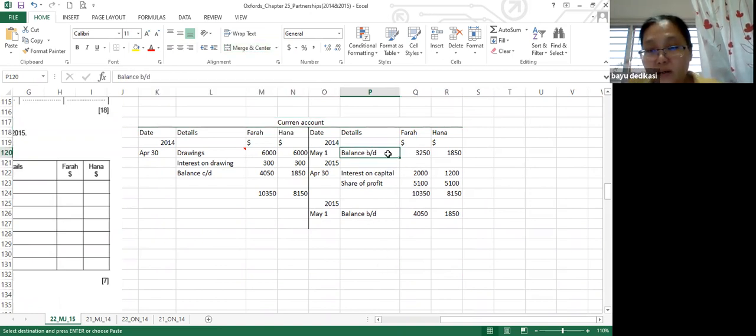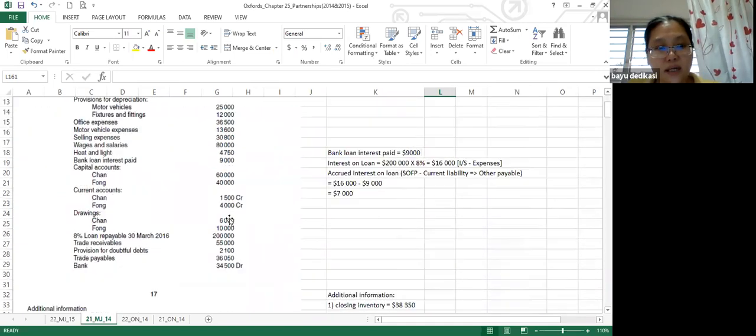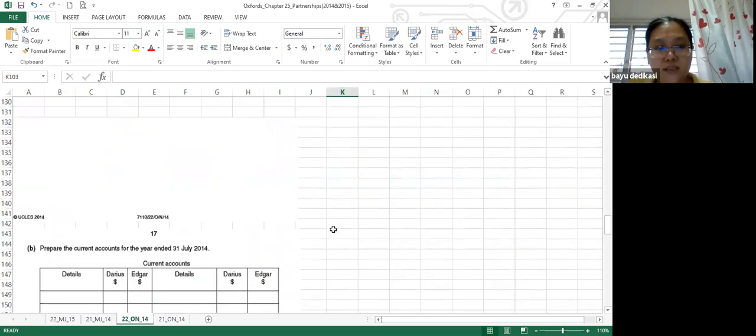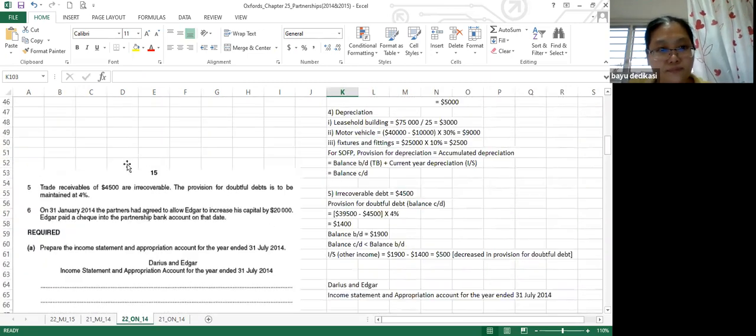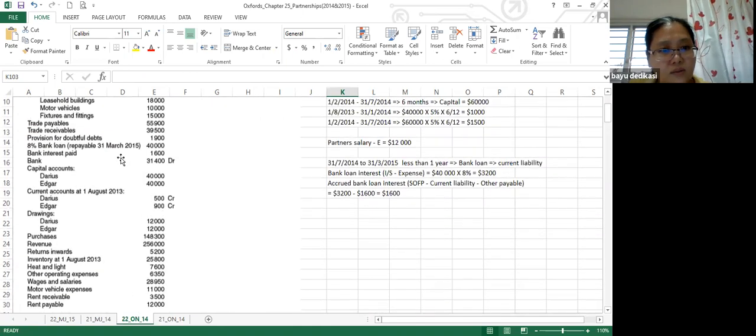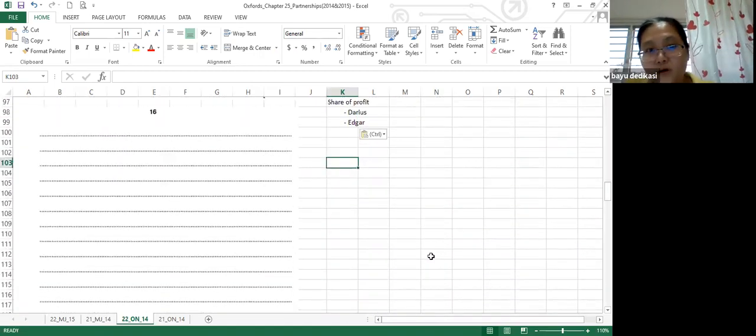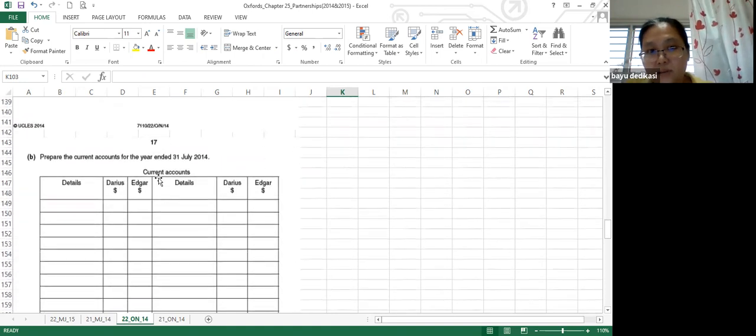Your balance brought down can be on the debit side or the credit side. But in this question, both are on the credit side. Same as your number 2 question, they also have the balance brought down on the credit side for both. Then the third question, their current account also both on the credit side. So you don't have the debit. But debit can happen for the current account.